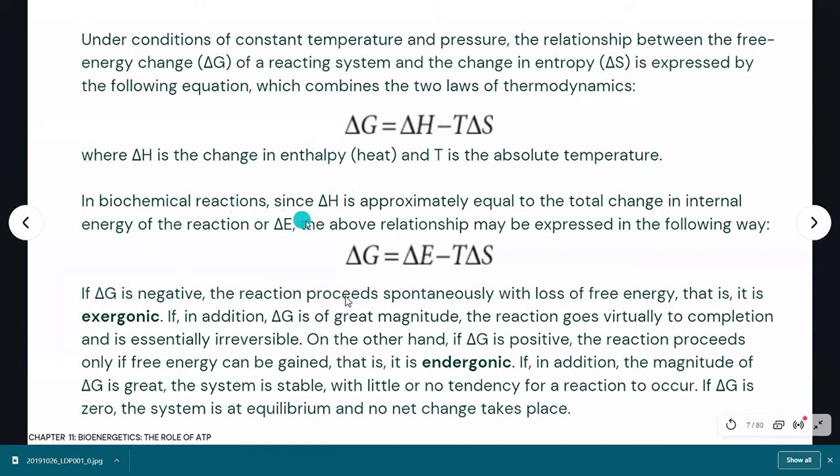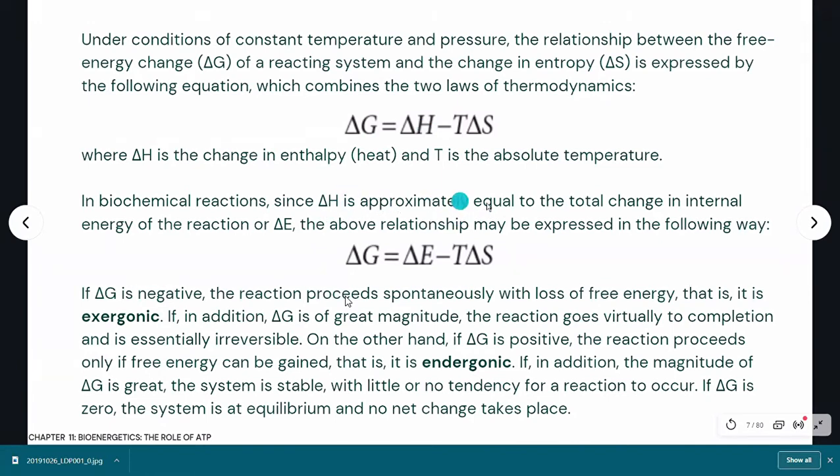In biochemical reactions, delta H is approximately equal to the change in internal energy of the reaction. So we change delta H to delta E because that is approximately equal.